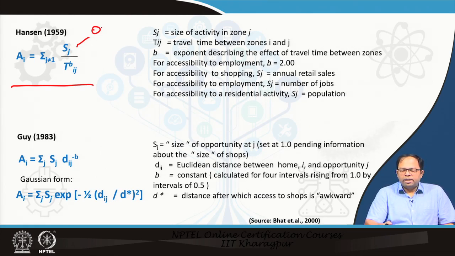B is the exponent, describing the effect of travel time between zones, and for accessibility to employment, this B value becomes 2.